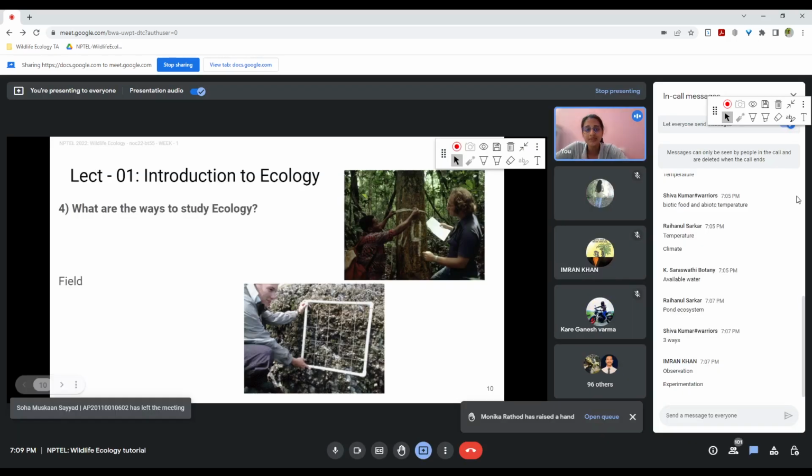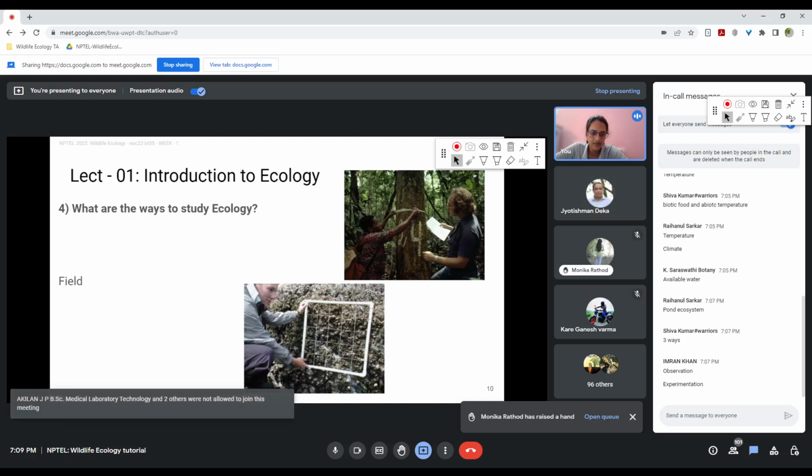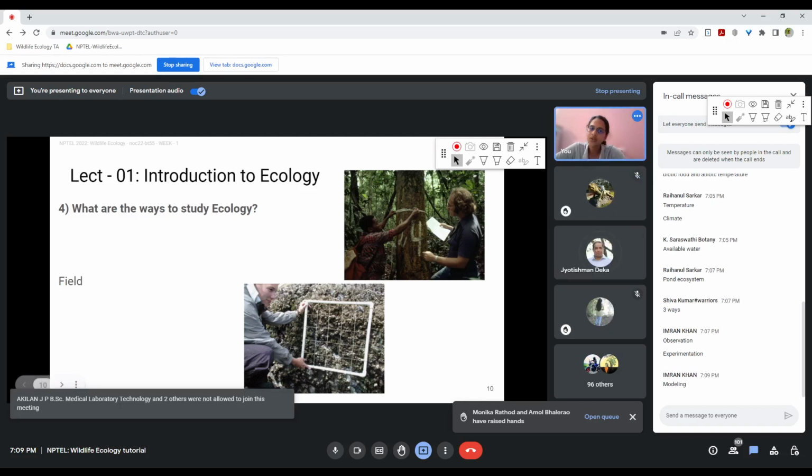So this is actually the quadrat method, which is this person holding a grid with strings tied to it, and this is actually an intertidal region near the sea, where they are using quadrats to measure. Any guesses?